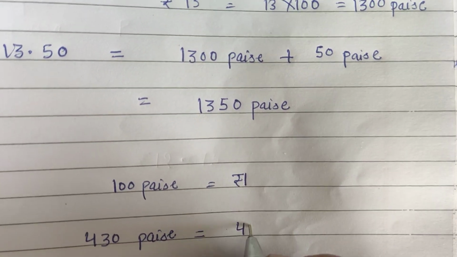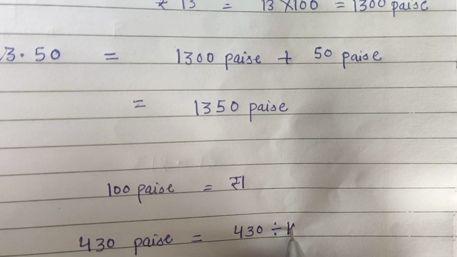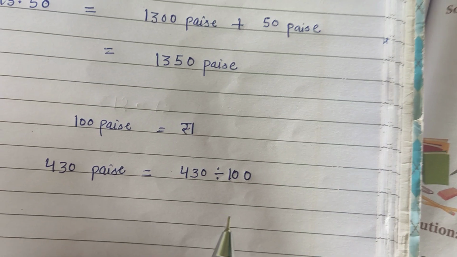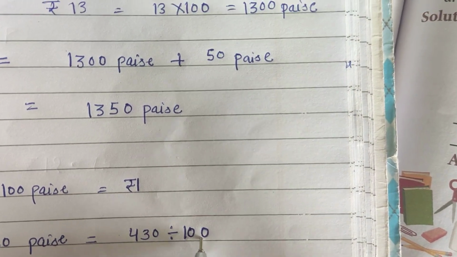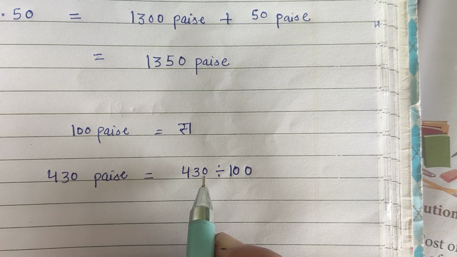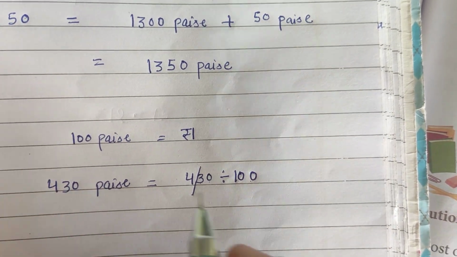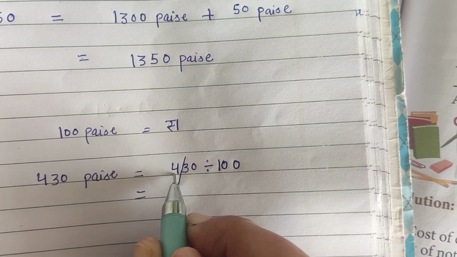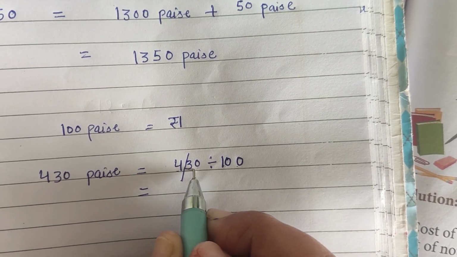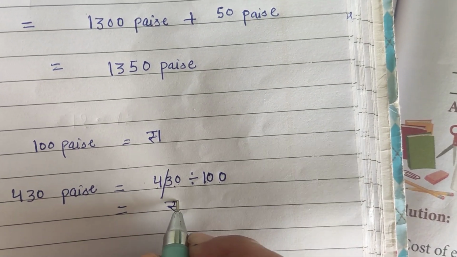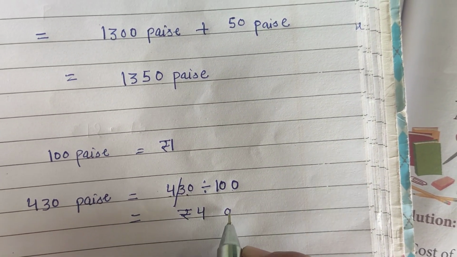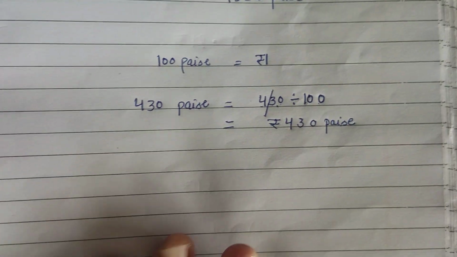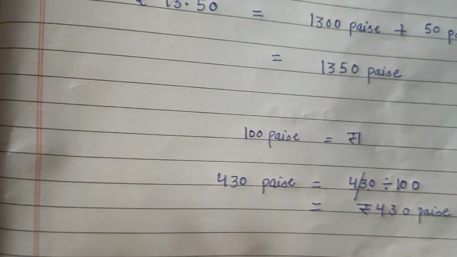So 430 is divided by 100. Now do the calculation as we have done in the previous chapter. How many zeros are in 100? 2. Now starting from the back side, count 1, 2 and put a slash. Now the unit on the left side is rupees and on the right side is paisa. So I am having rupees 4 and 30 paise. In this way you can do all the questions of this exercise.